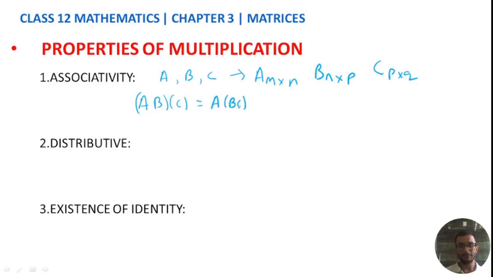That is, you multiply B with C first, then you multiply with A. It doesn't matter. Okay, so the notable thing here is that you can multiply A and B. Why? Because here the N are the same.